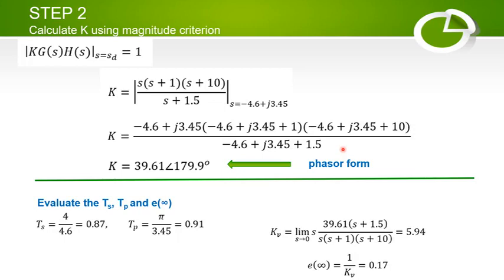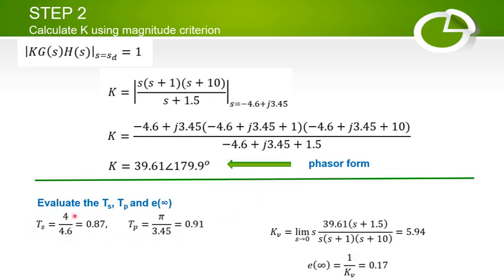Using your calculator and converting the answer to phasor form, you will get the K value equal to 39.61, and the angle is 179.9 degrees. For the gain adjustment method, you have to make sure that the angle is almost equal to 180 degrees or minus 180 degrees, because this indicates that the dominant pole is on the locus, meaning that it satisfies the angle criterion.